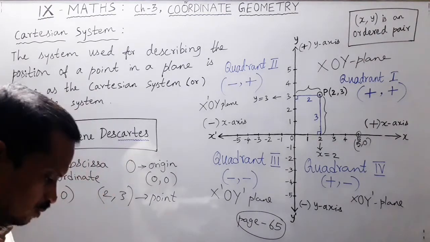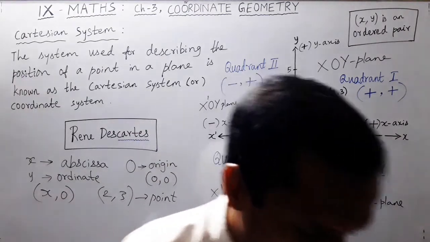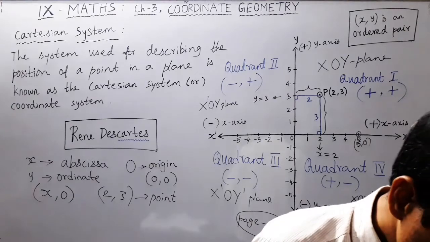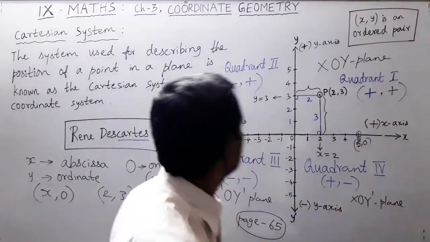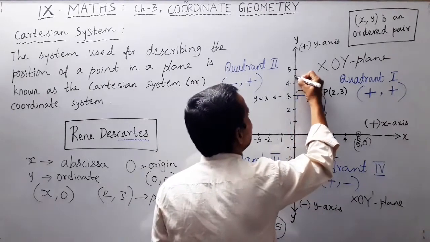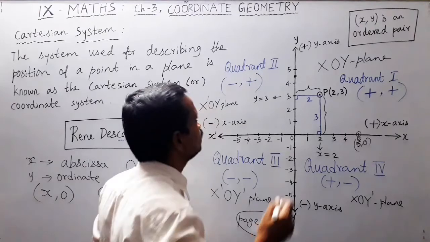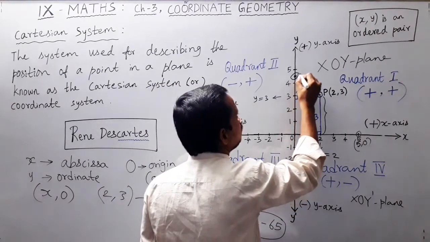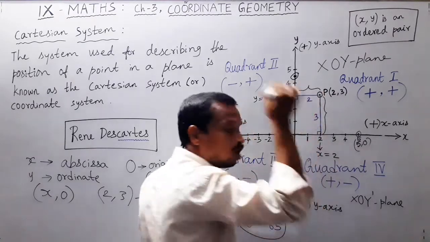And then coming to the next part, that of the point on the y-axis is (0, y). So (0, y) means x is 0, but y is any value. For example, if you take the point here, the point is on the y-axis.